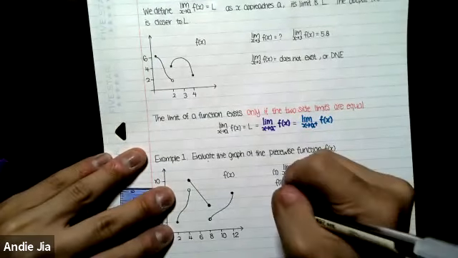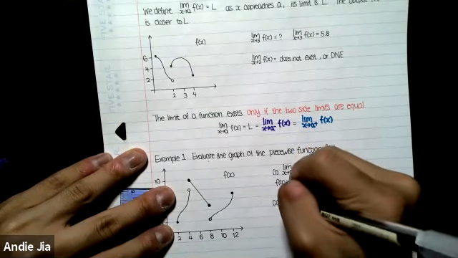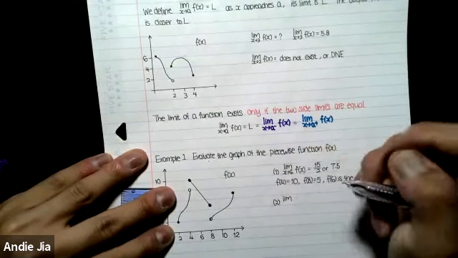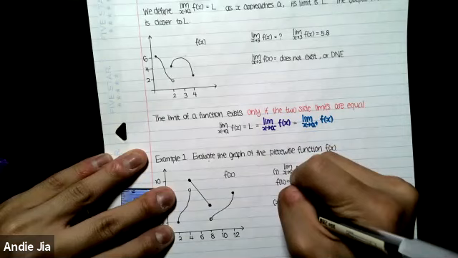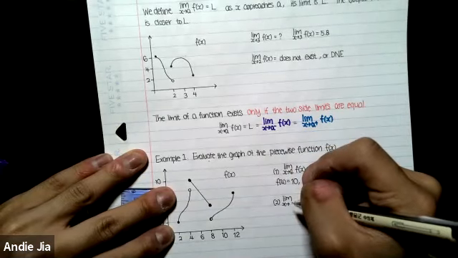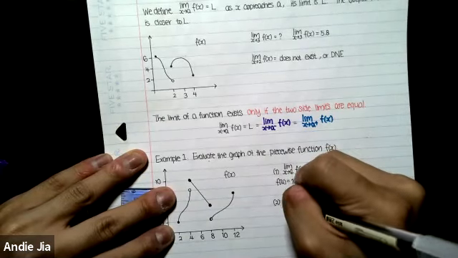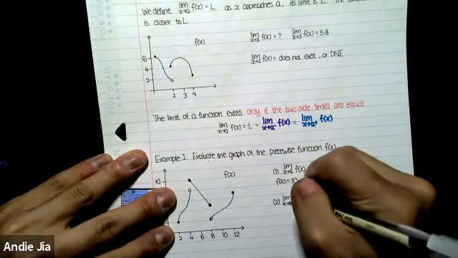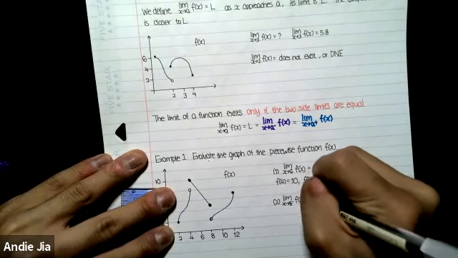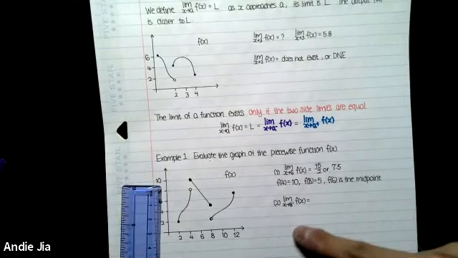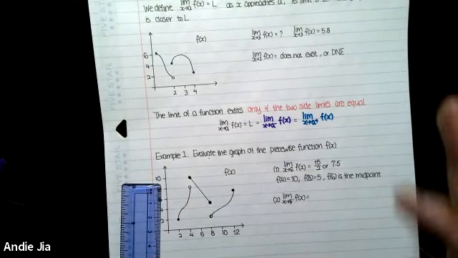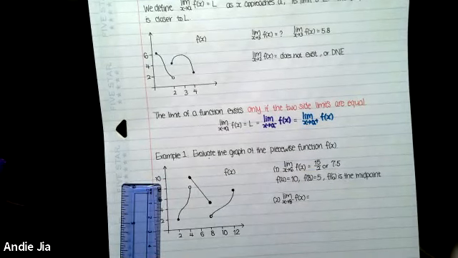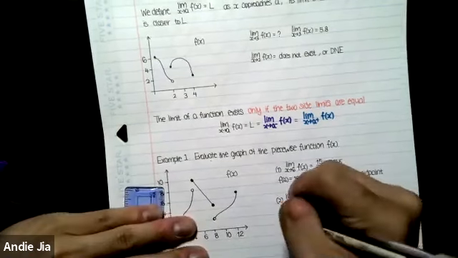Question number 2. What is the limit as x approaches 8 from the left, of f of x? This means x approaches 8 from the left side.